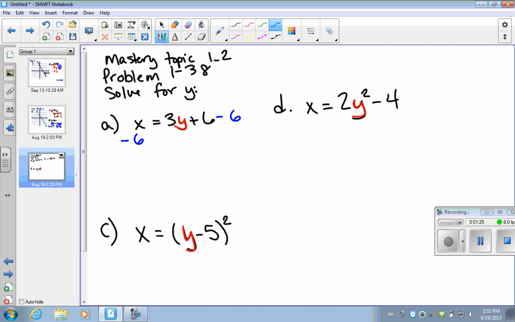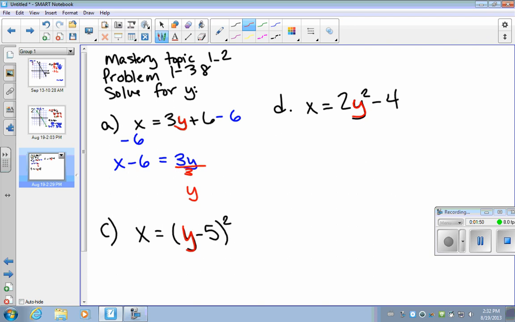Now x minus 6, there's really nothing I can do with that because it's not like terms. So I end up with x minus 6 equals 3y. The reason I can't subtract 3 here is because 3 is not a like term with 3y. So the only other option would be to divide by 3, because 3y divided by 3, the 3's will cancel, and my y will be alone, which is what I wanted.